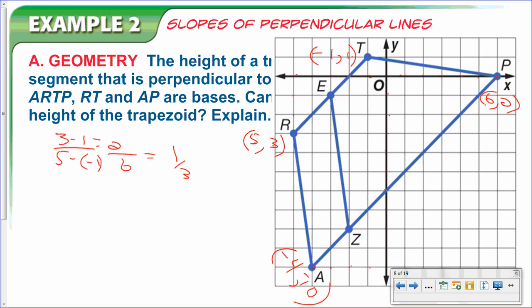And that should be -4. Alright, so -10 minus 0, and then -4 over 6, which is still the same. It is the same one. Very good. So on the same line, they're not parallel.